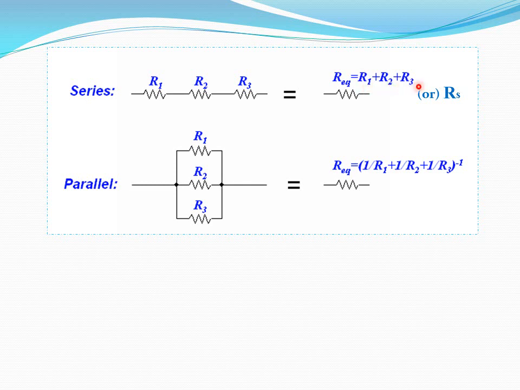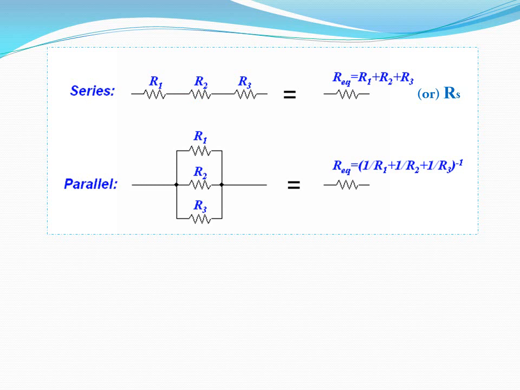That is, the equivalent resistance in the series combination is equal to the sum of the individual resistances. In series connection, the same current I passes through each resistor. The potential difference is different across different resistors.